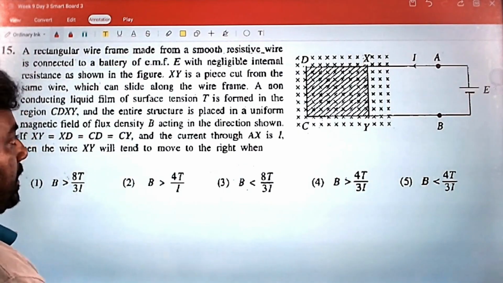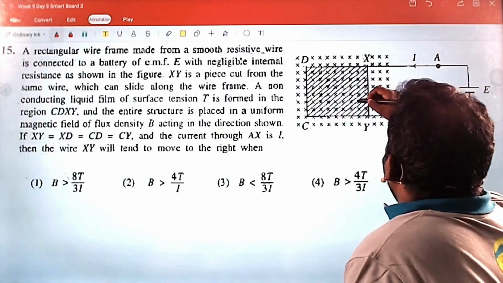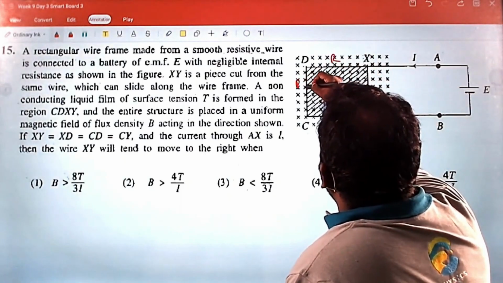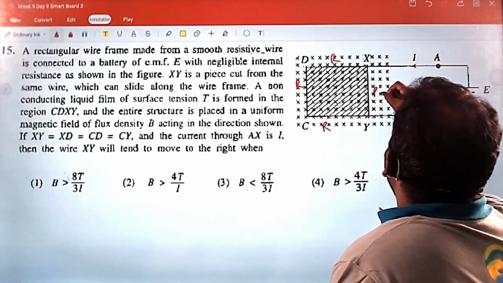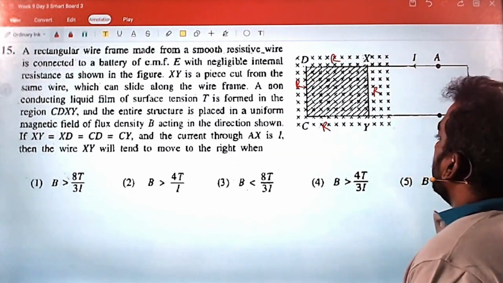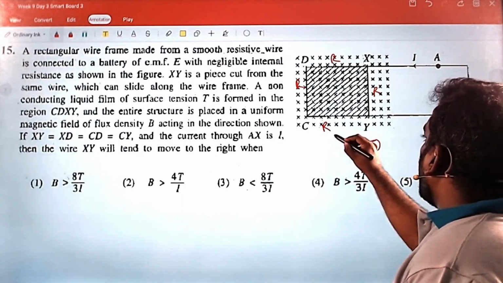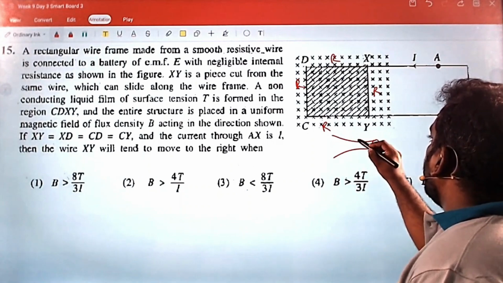Okay. So what will happen? All lengths are equal means here resistances are there. So whatever current comes here might divide. That's one reason. Next, if you look through the loop here, on top there is a film, bottom there is a film.